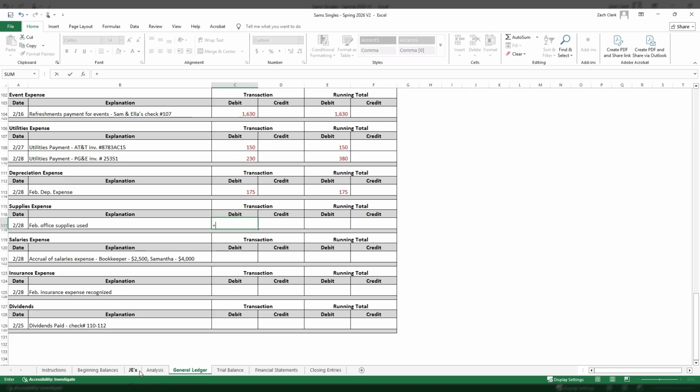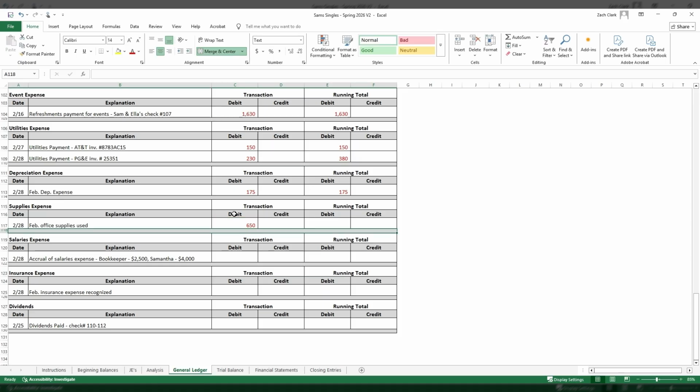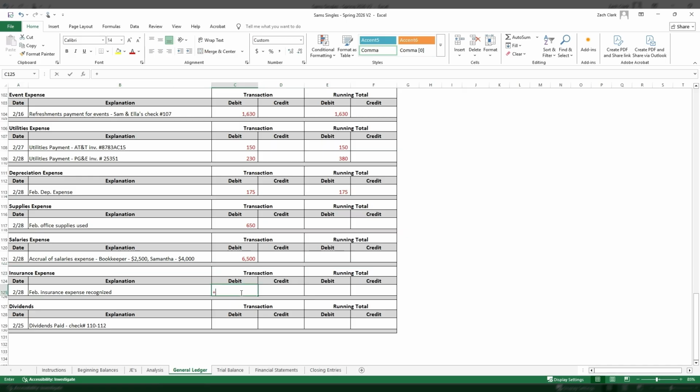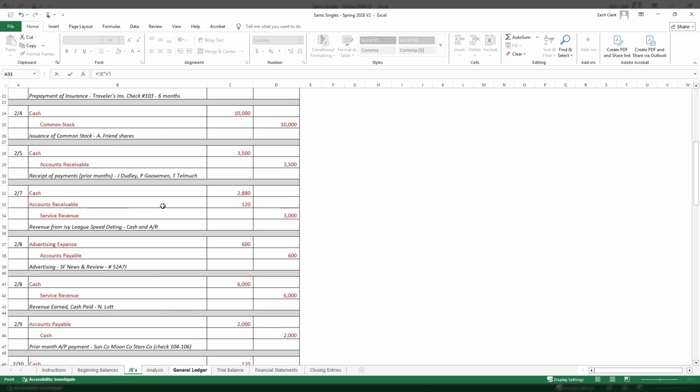Supplies expense on the 28th, that was our adjusting entry, 650. Salaries expense on the 28th, 6,500. Insurance expense was 300. And finally, our dividend payment, again, not an expense per se.